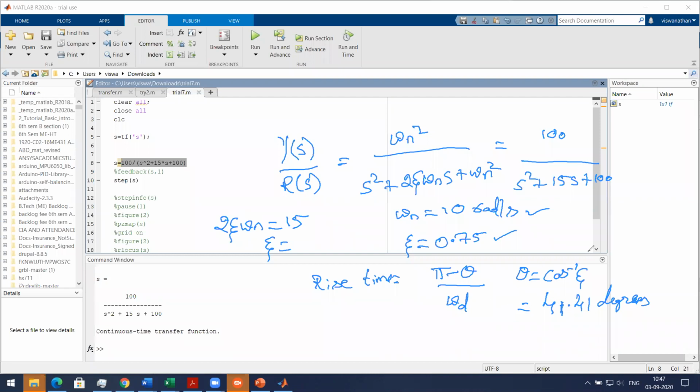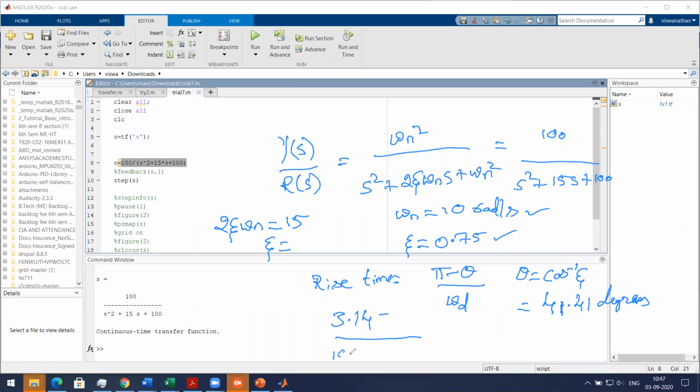So 41.41 degrees. You have pi over here, and omega d is in radians per second, so convert this into radians. It will be 3.14, the pi value, minus theta in radians, divided by omega d, which is omega n into root of 1 minus zeta square.